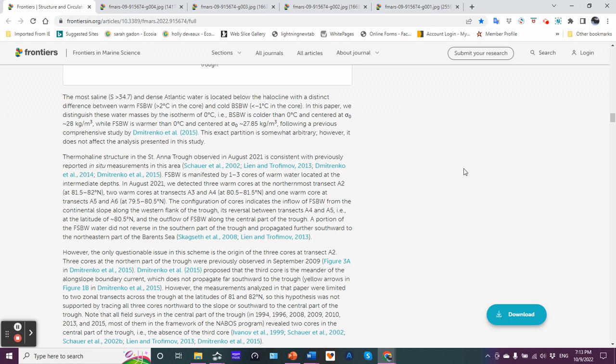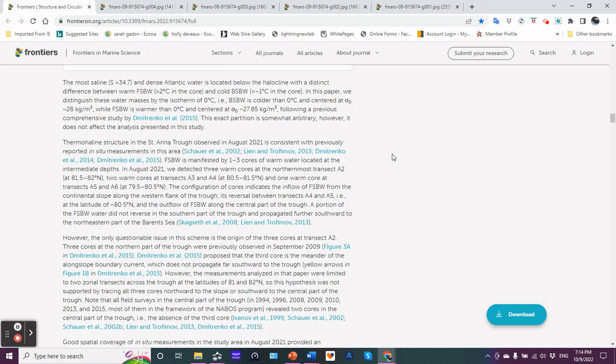In this paper, we distinguish these water masses by the isotherm of 0C, i.e., BSBW is colder than that and centered at sigma 0, which is about 28 kilograms per cubic meter or 1,028 kilograms per cubic meter, while FSBW is warmer than 0 and centered at sigma 0 of 1,027.85 kilograms per cubic meter. This exact partition is somewhat arbitrary, however, it does not affect the analysis presented in the study. Basically, pick a middle point.